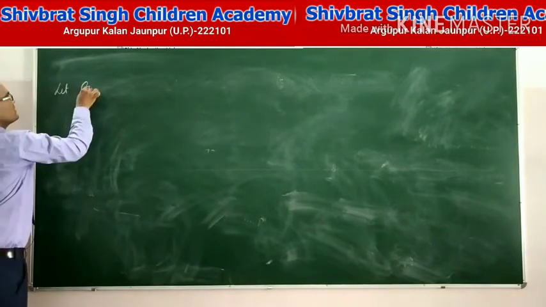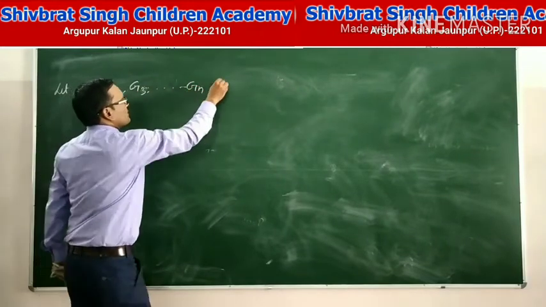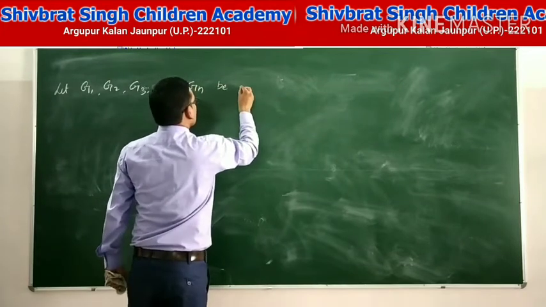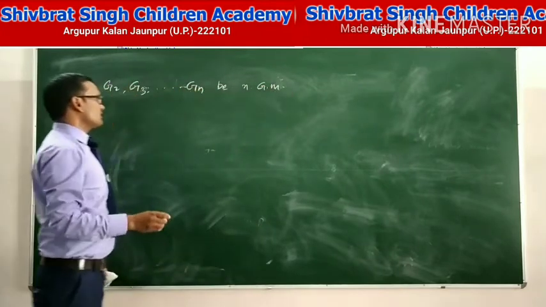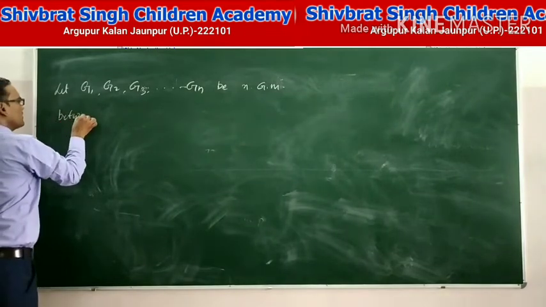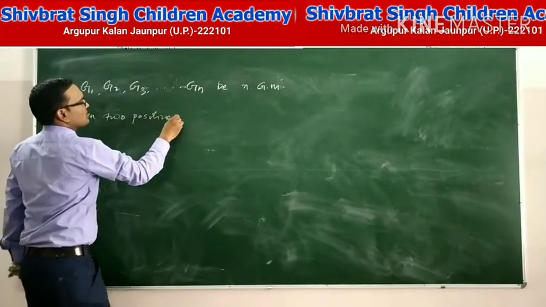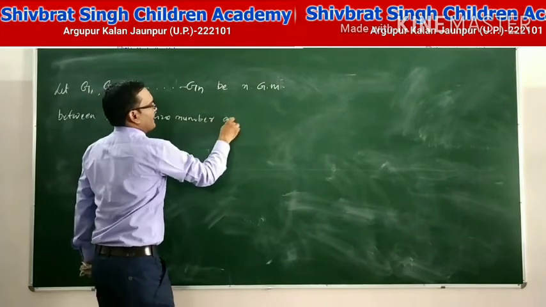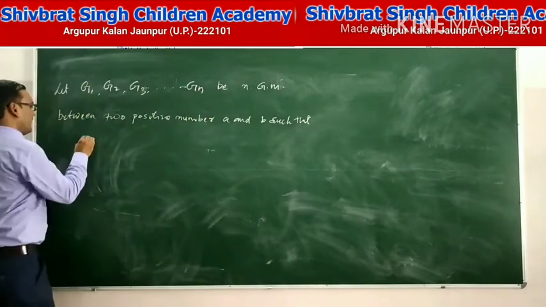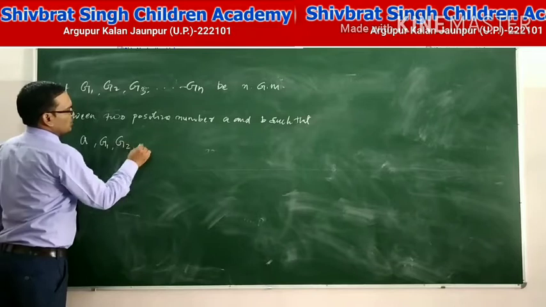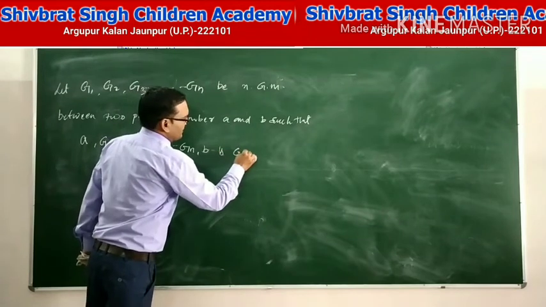Let G1, G2, G3, and so on, Gn be n geometric means between two positive numbers A and B, such that A, G1, G2, G3, and so on, Gn, B is a GP.